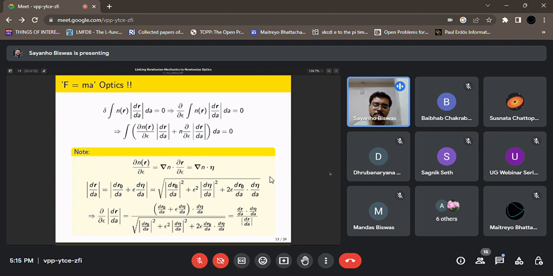Now we know that the mod of a vector plus b vector is nothing but the root of a dot a, which is mod a square, plus b dot b, which is mod b square, plus 2 a dot b. That is exactly what I have done over here. I have opened it and done the vector modulus. This is simple Euclidean geometry, algebra of Euclidean geometry, nothing else.